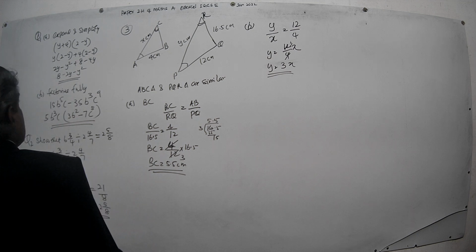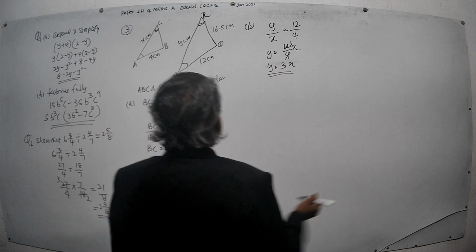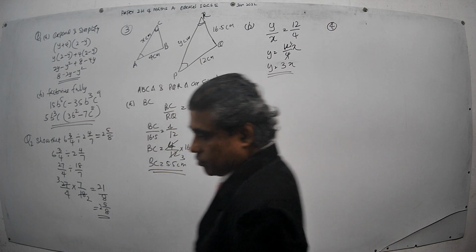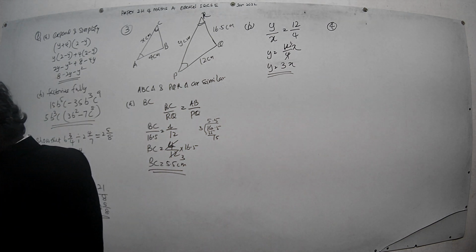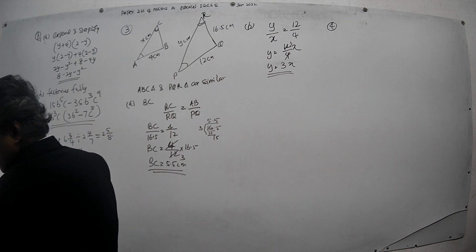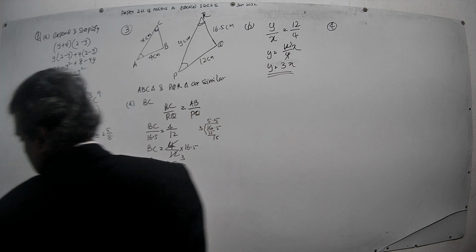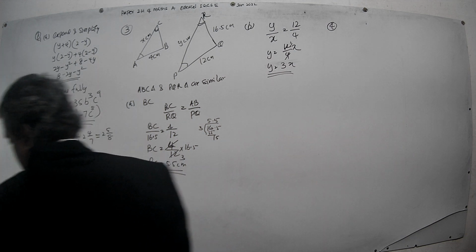Then they say the fourth one. Fourth one, they say there is an octagon here. Octagon. Then in the octagon they say the length of one side is 18 millimeters, correct to the nearest 0.5 millimeters.